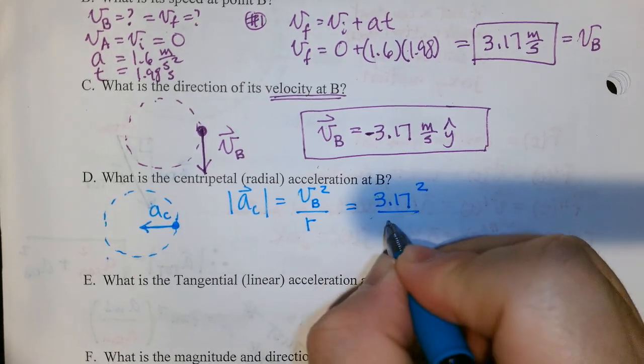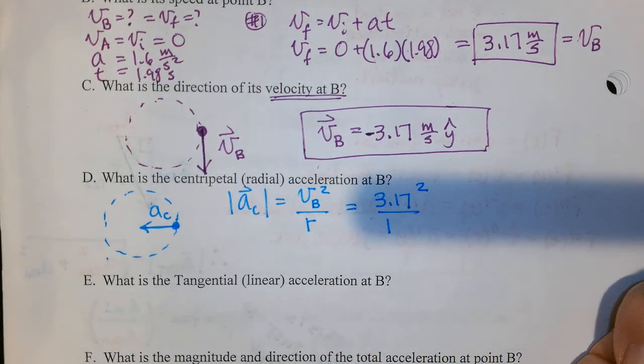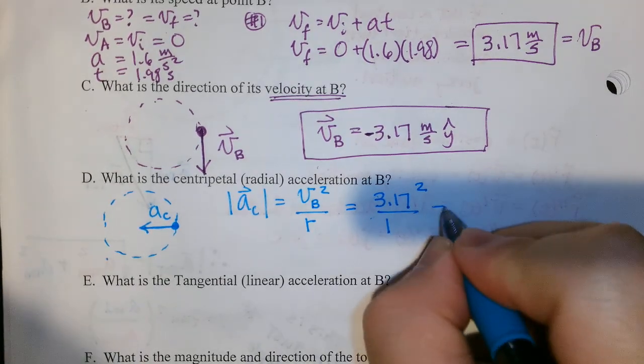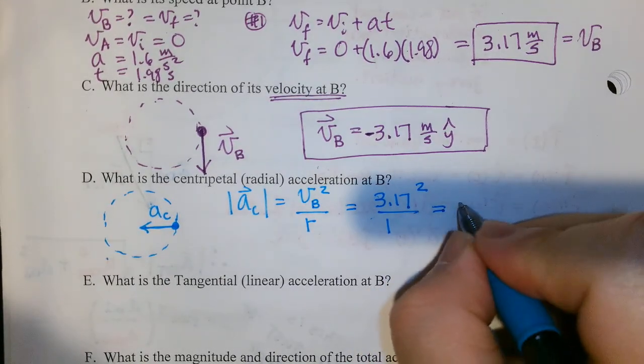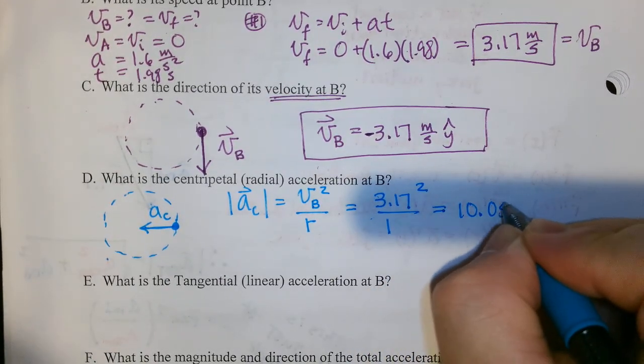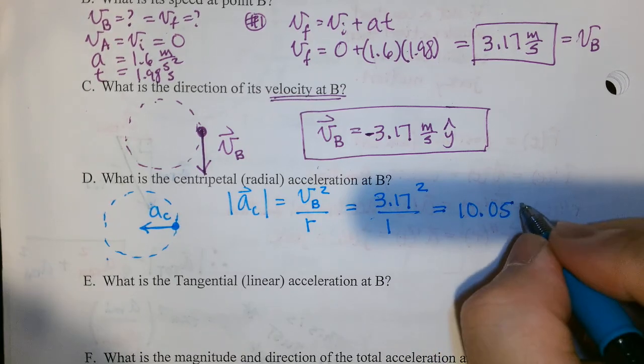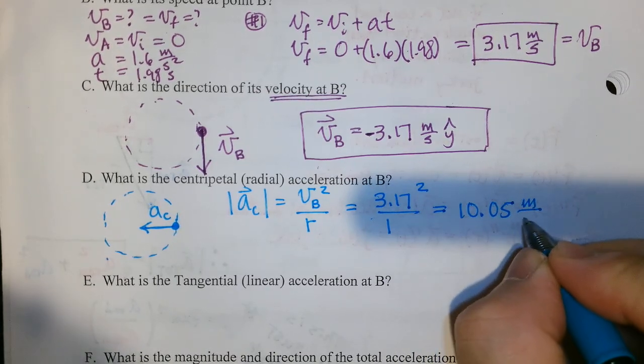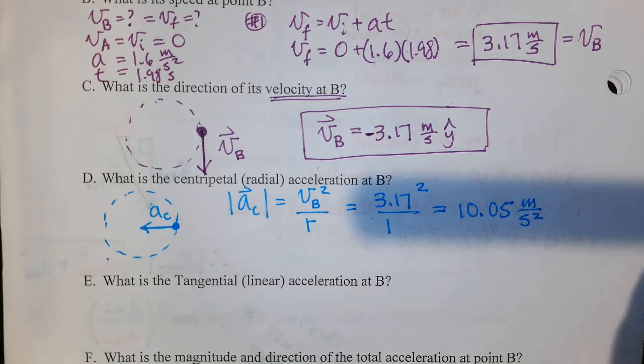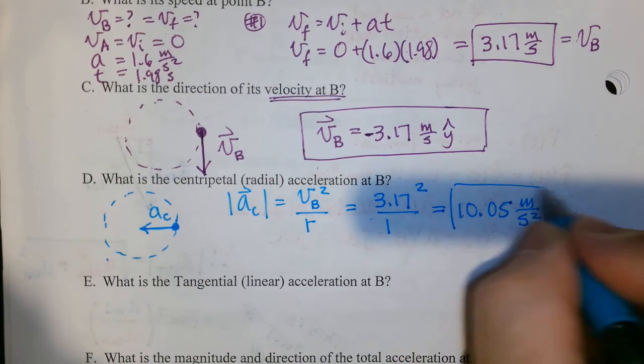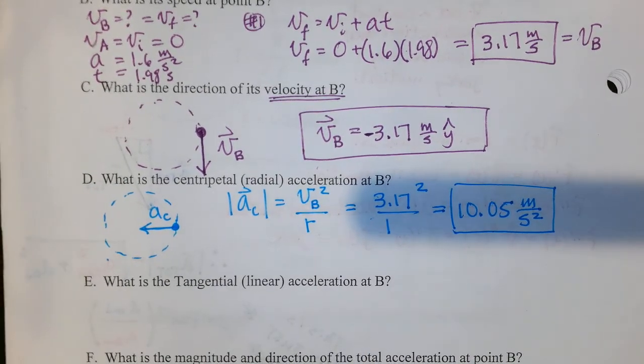Square that, divide by 1 meter. That comes out to 10.05 meters per second squared. That is the magnitude of my A_c.